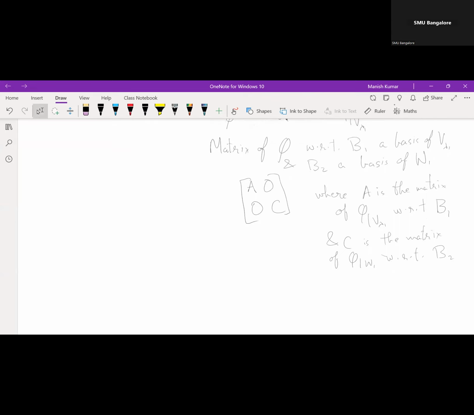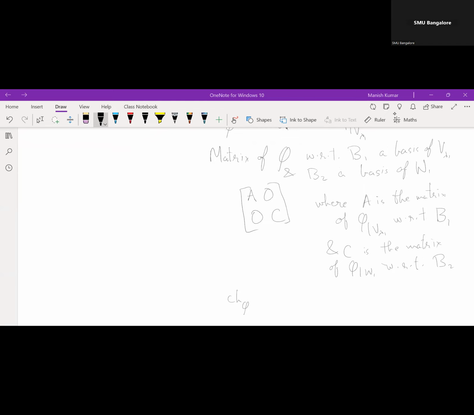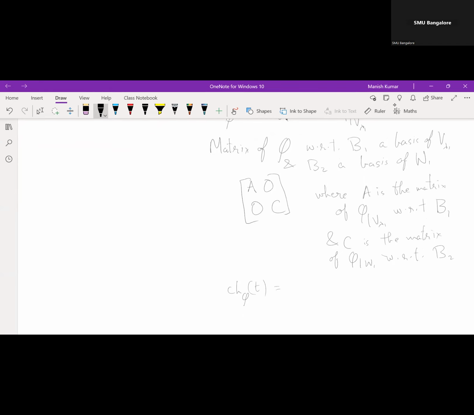So we got this much, and then the characteristic polynomial of phi is basically the characteristic polynomial of phi restricted to V lambda 1. Maybe I could have done it without these matrices. So it is the determinant of A minus lambda I times the determinant of C minus lambda I.